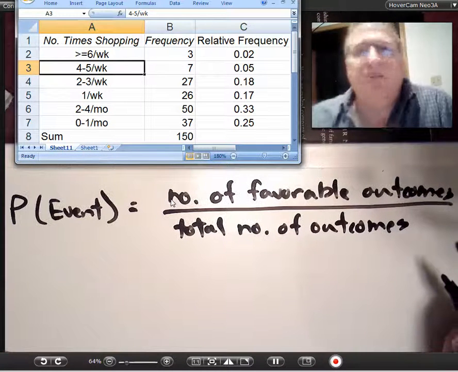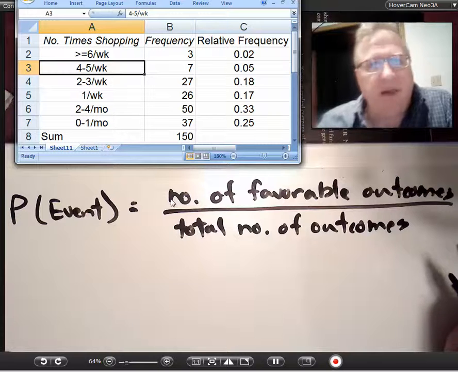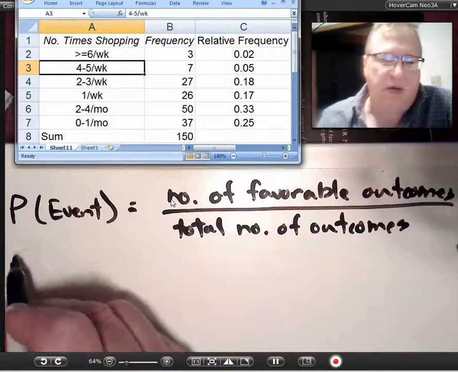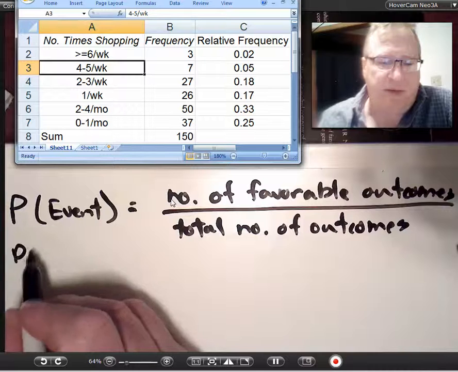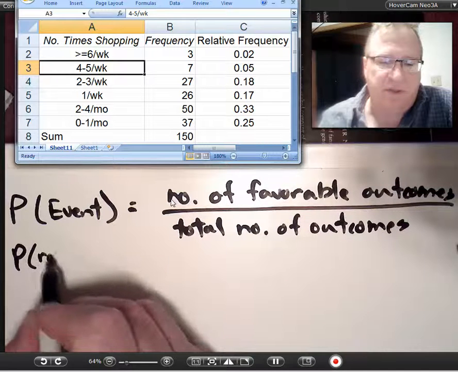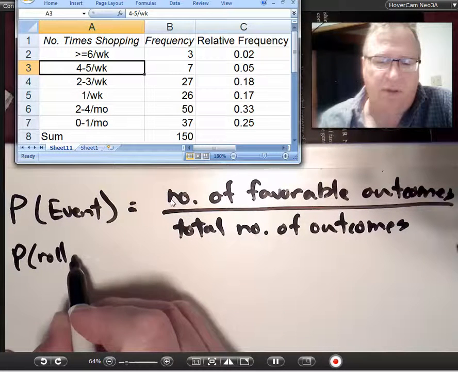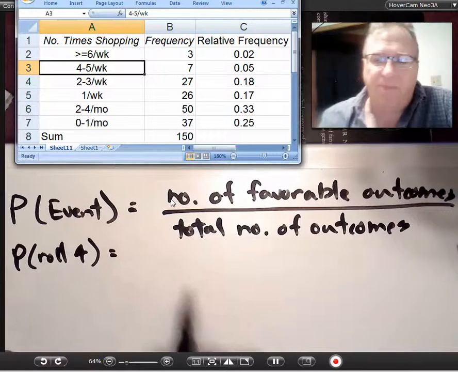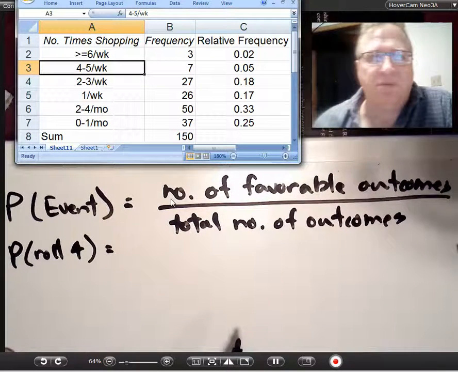Okay, so let's do an example. Let's talk about rolling a single die. A die has 6 sides. What is the probability that I will roll a 4? Again, we have a single die. So how many favorable outcomes are there?